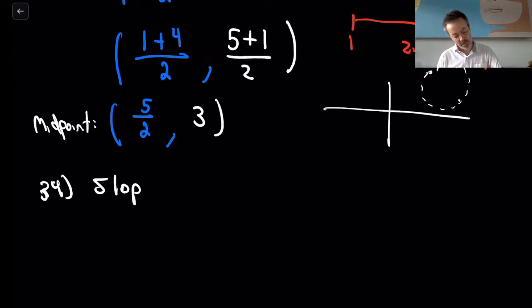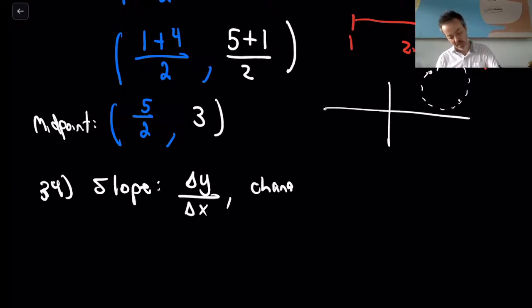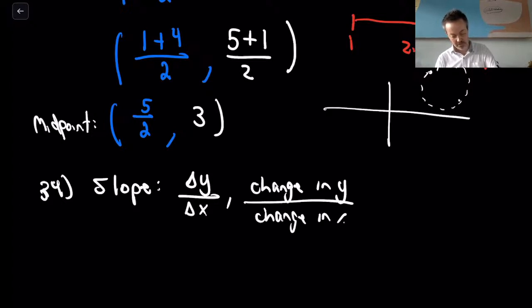So slope of a line, that's just, we say change in y over change in x. Recall that this little triangle sign, that little delta, the way you read that mathematically, we say it is the change in.